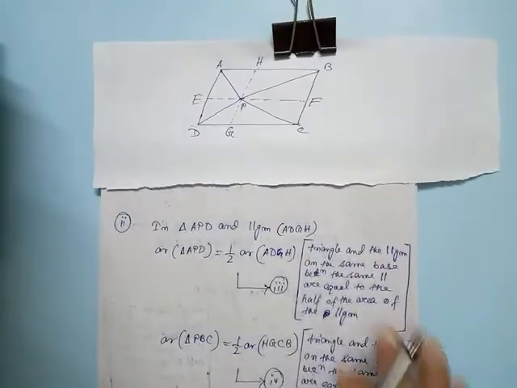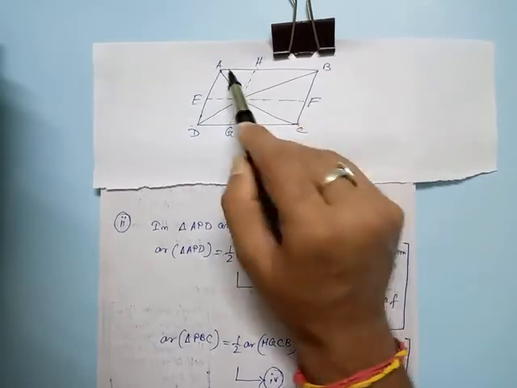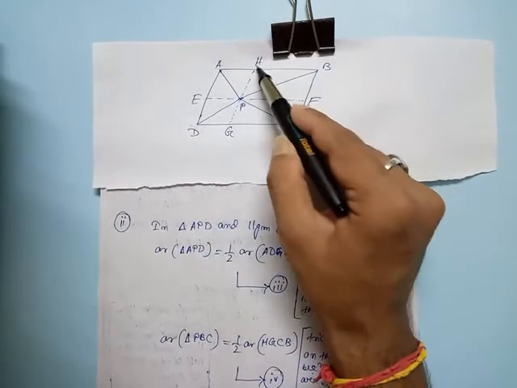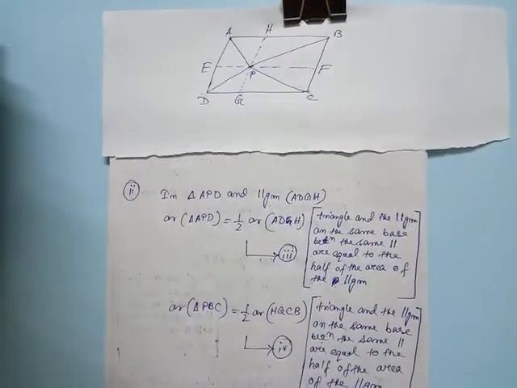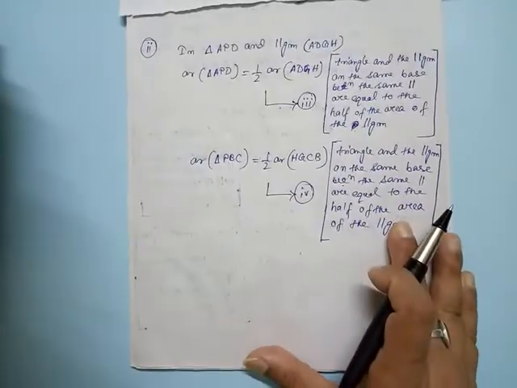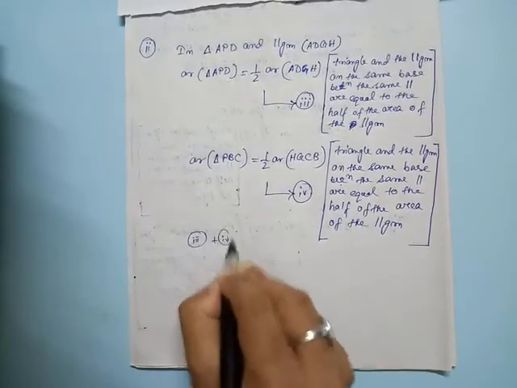Now look here student, ADGH is the half of ABCD and HGCB is the half of ABCD. So if we add these two, 3 and 4, now add equation number 3 plus equation number 4.